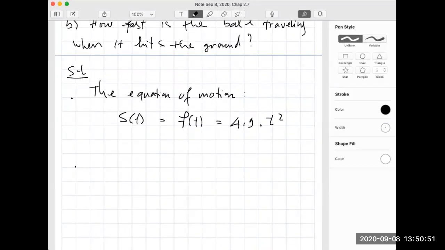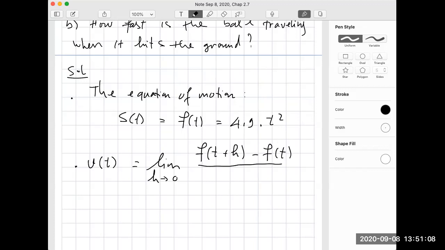From definition, we see that the velocity at any time t is given by a limit when h approaches 0 of f of t plus h, subtract f at that time t, divided by h.